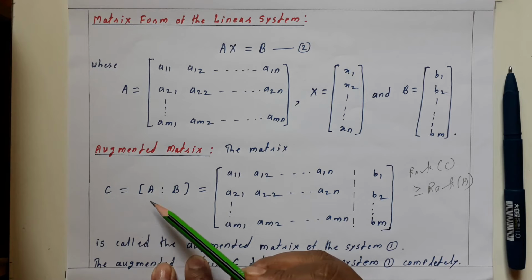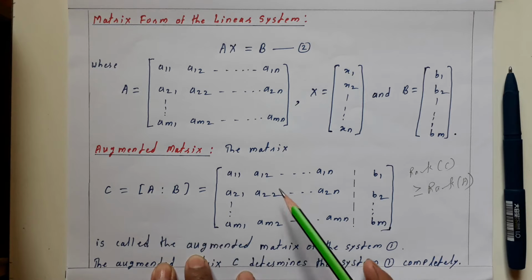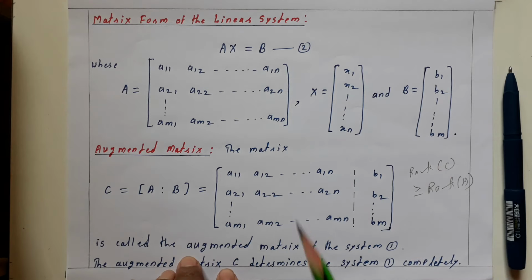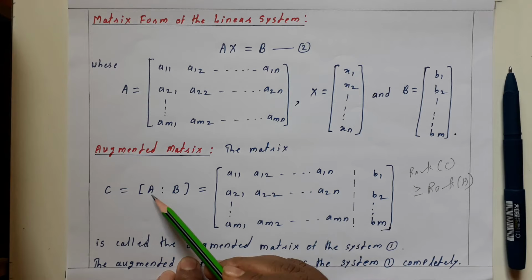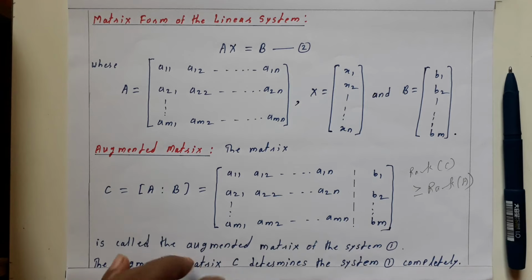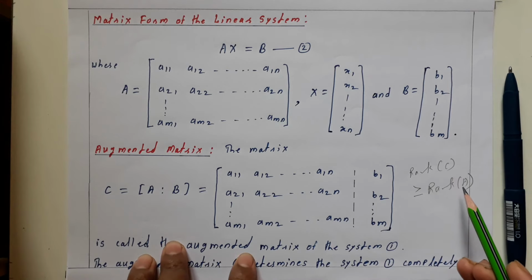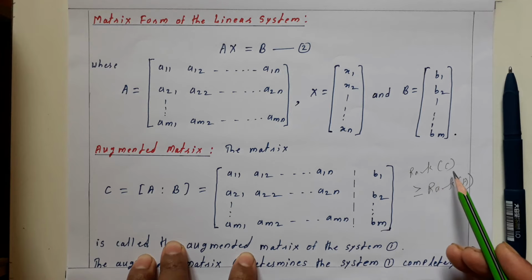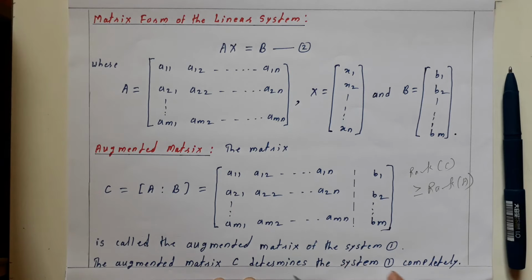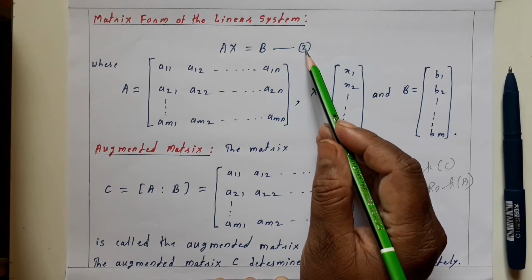It is denoted by C. In this matrix, C is equal to the matrix A and B. This is the matrix A and this last column is the matrix B. Now the order of C is higher than the order of A, means matrix A is a part of the matrix C, means it is a submatrix of the matrix C. Now if we find the rank of C and rank of A, then definitely rank of C is greater than rank of A or rank of C is equal to rank of A. Also the augmented matrix C determines the system 1 completely because it contains all the given numbers appearing in system 1 or system 2.